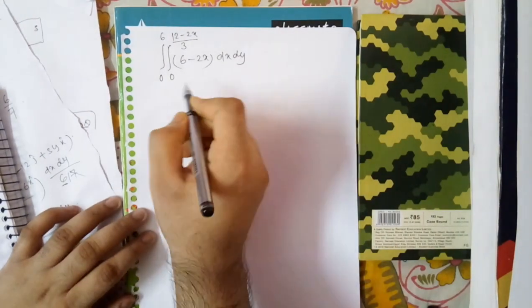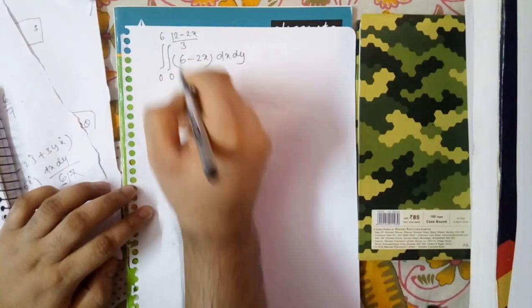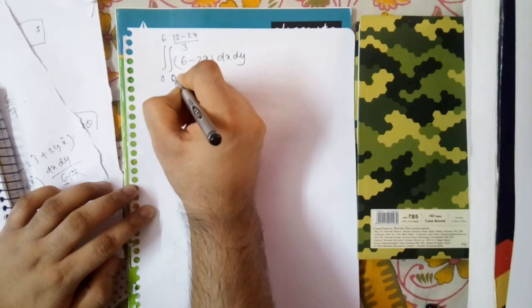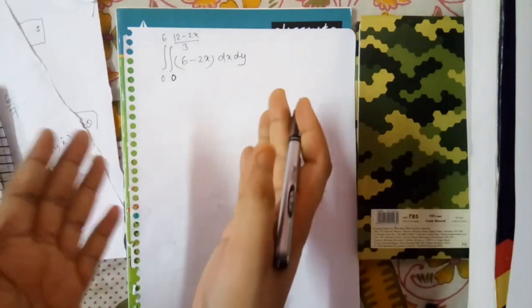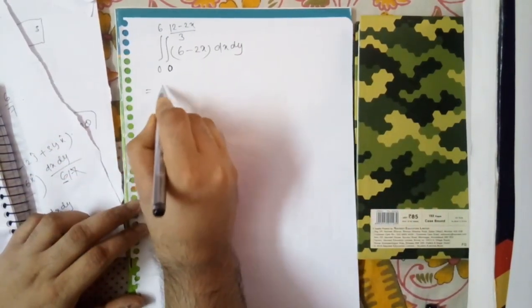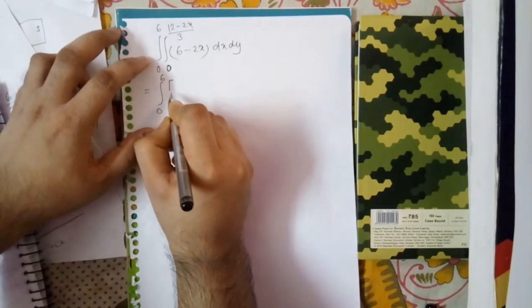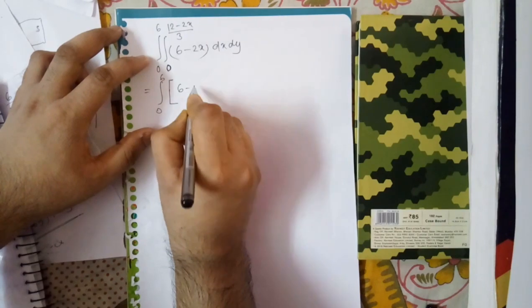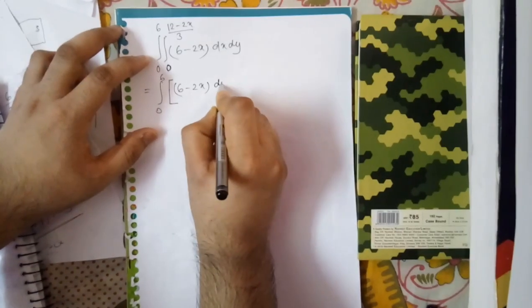So now let's solve this integral. This is the final step. As we can see, the limit of y is given as this. So first we have to integrate with respect to y here. So let's do this. 6 minus 2x dy.